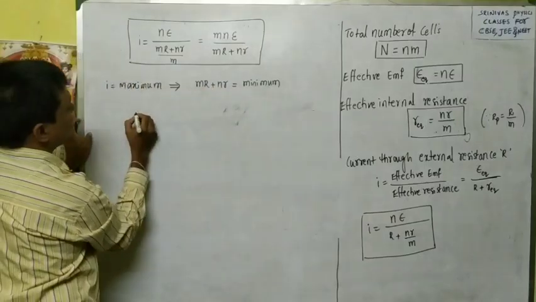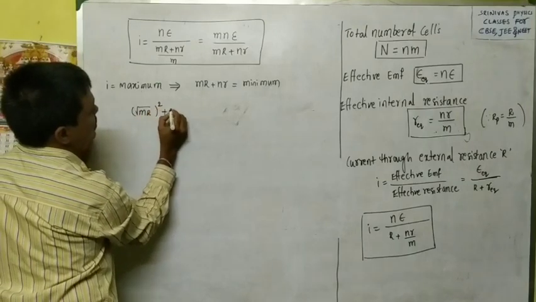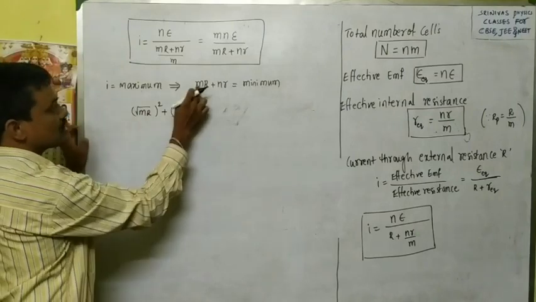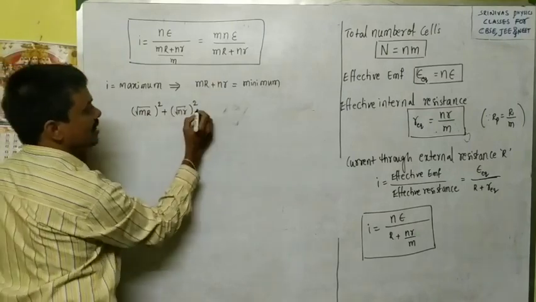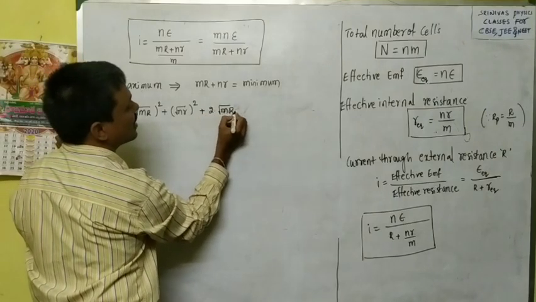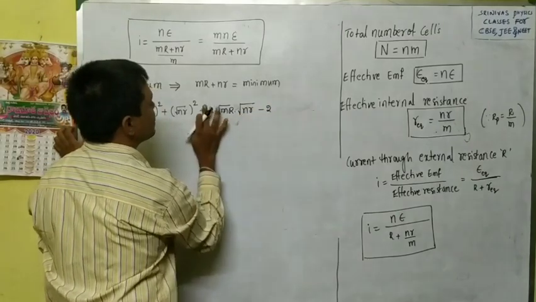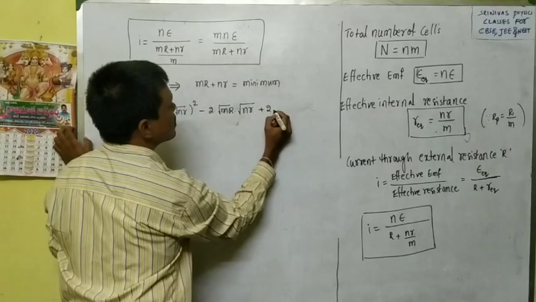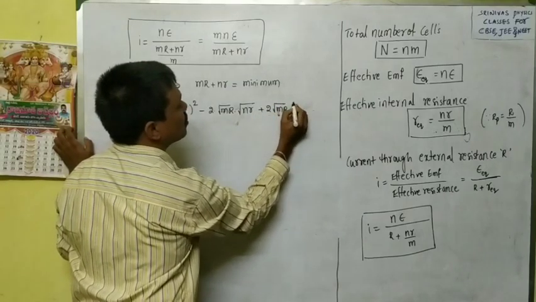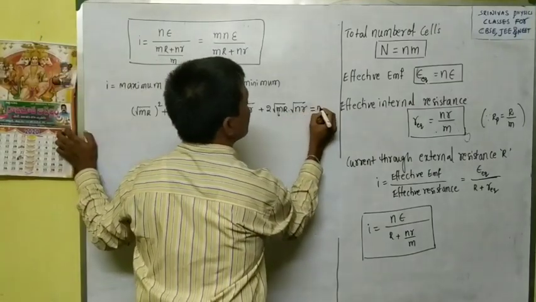This term I am writing like this: root MR square plus root NR square, right? Can I write like this? Root MR square is MR, root NR square is NR, plus I will write 2 into root MR into root NR, minus, first I will write the minus, next plus 2 root MR into root NR is equal to minimum we should get.